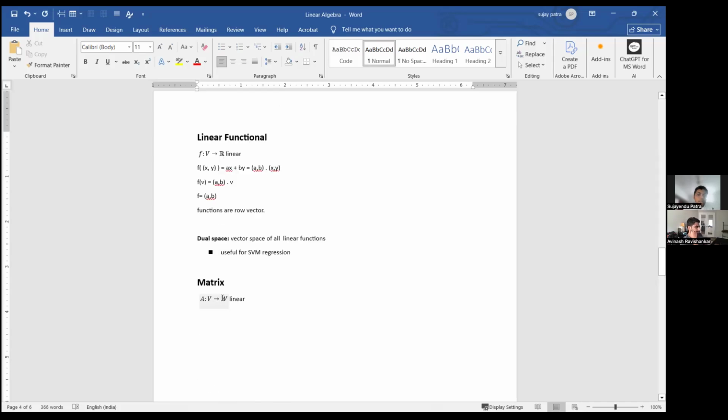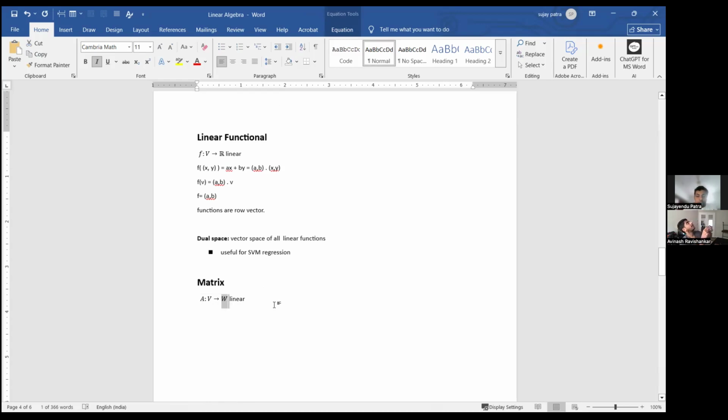Let's say the output is three-dimensional. That means I have three outputs. Each of those outputs is a row vector, because we know that linear functions are row vectors. So I create a matrix out of three rows. That's basically what the matrix is.